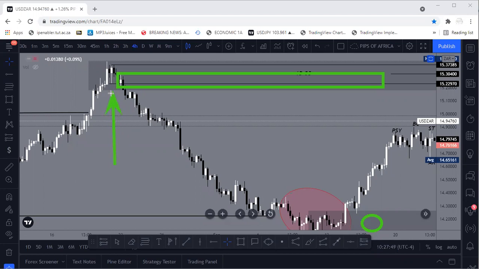According to the mitigation strategy, we have the failure swing high here, where this high failed to push above this one, and then this low here got broken. So this is what we call a mitigation.